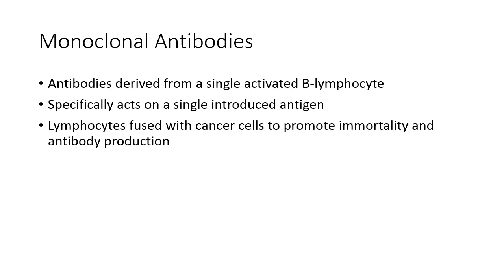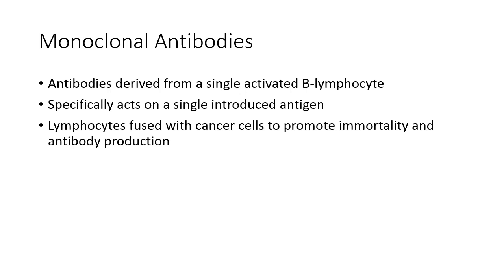So first, monoclonal antibodies are derived from a single activated B lymphocyte. If you will recall, there are a lot of B lymphocytes specifically activated for unique antigens and pathogens in the body. Monoclonal antibodies, therefore, will mean antibodies that are derived from a single line of B lymphocytes.